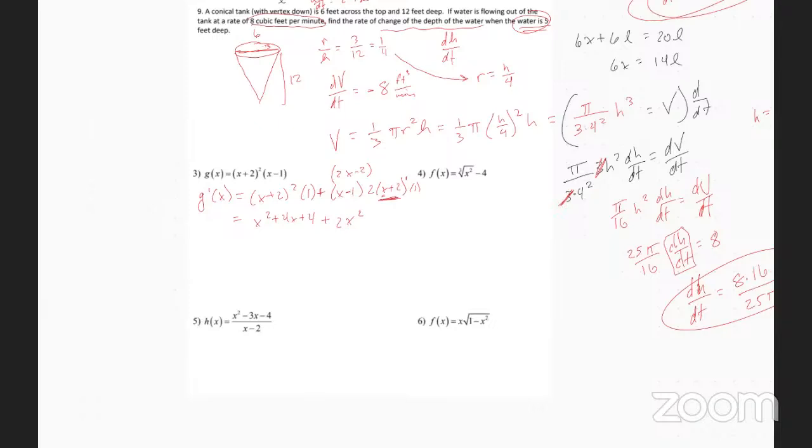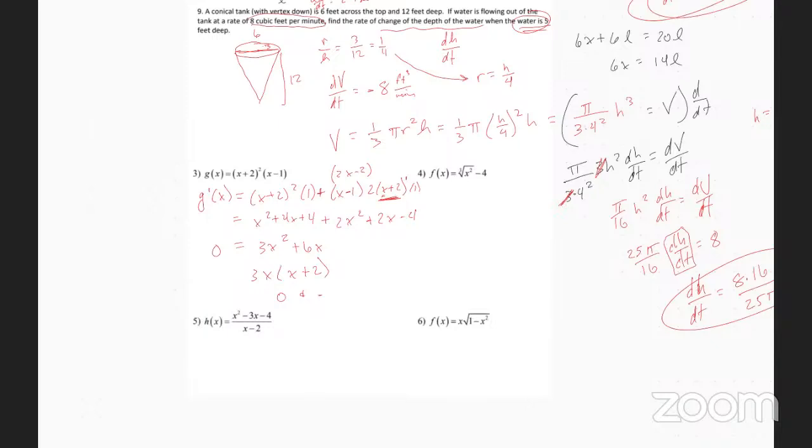Which simplifies to 3x squared plus 6x. And then they want you to find critical points, so you set this equal to 0. Factor out a 3 and an x, and you're left with an x plus 2. So your zeros are 0 and -2, your critical points. Got how I did that?